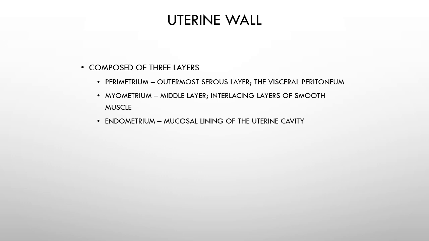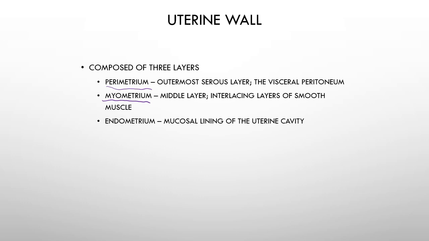The uterus itself, as said, is a big, thick, muscular walled organ made up primarily of muscle. So we've got lots of myometrium there. This is our middle layer. What we just saw there on the picture was essentially the perimetrium. So that was the outermost layer, and that also had the visceral peritoneum surrounding it.